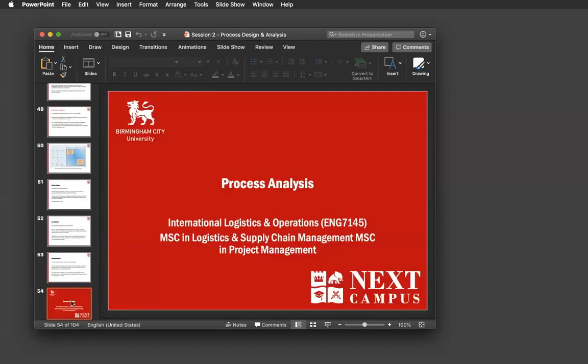This module will be assessed via an examination. It will not be assessed as is done with the other modules, so there is no assessment or assignment or group presentation. For this module, there will be an examination.